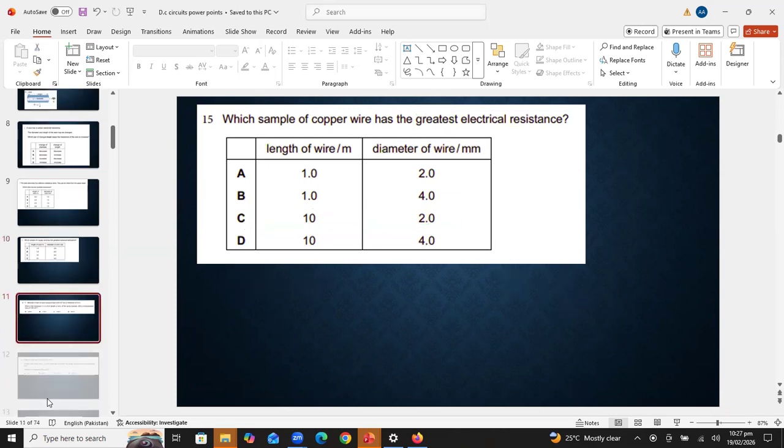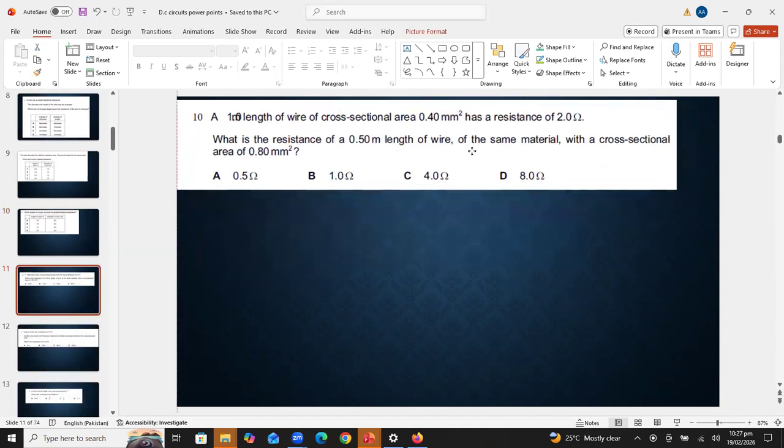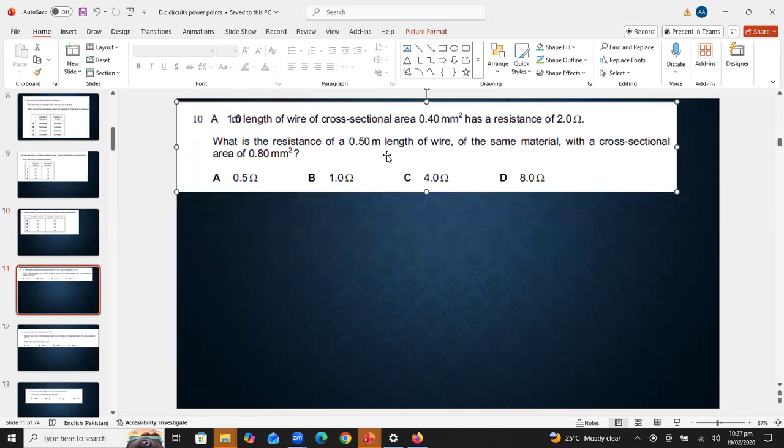Okay. Now let's look at the other question. This question is a little bit different compared to the previous ones, because here we have to do the calculation. In question number 10, they are saying a 1 meter length of wire of cross sectional area 0.40 millimeter square has a resistance of 2 ohms. So now students, make the data with me.